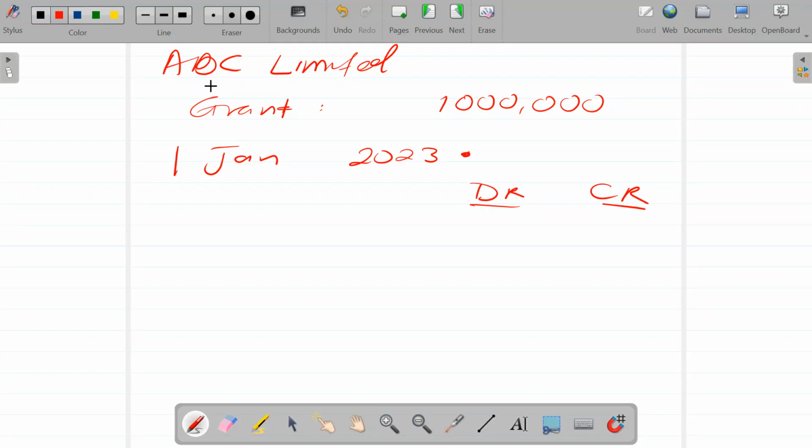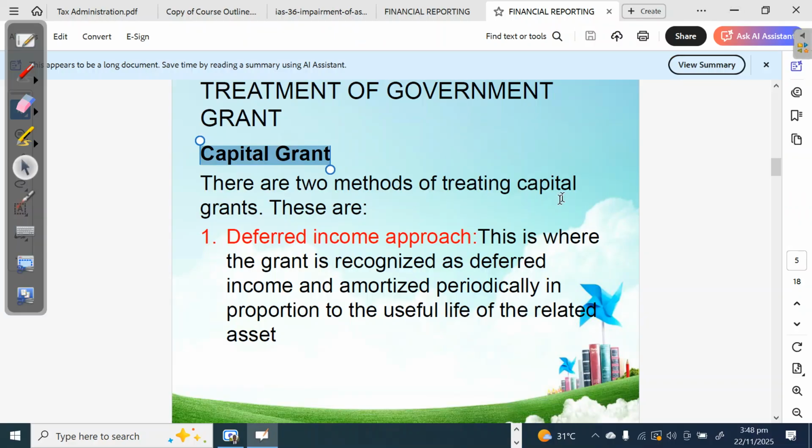So what do you think will be the first double entry? The company has received a grant in their account. How will we record this grant in our financial system? Anyone to help? What will be the debit and the credit?